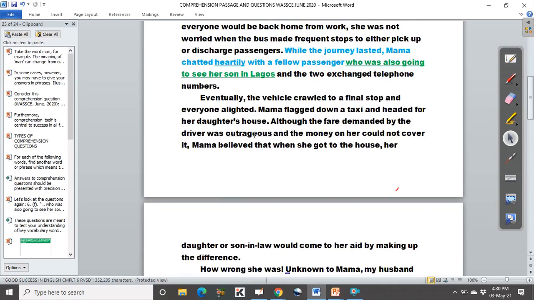This is how it is used here: Although the fare demanded by the driver was outrageous. So the meaning of outrageous here is what we have to figure out. It is used to describe fare.